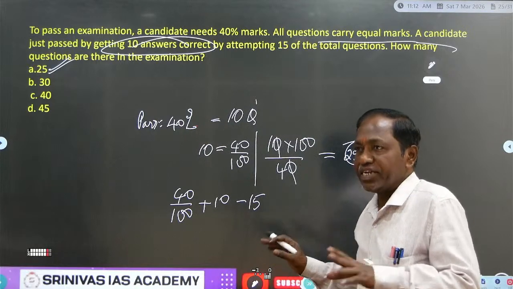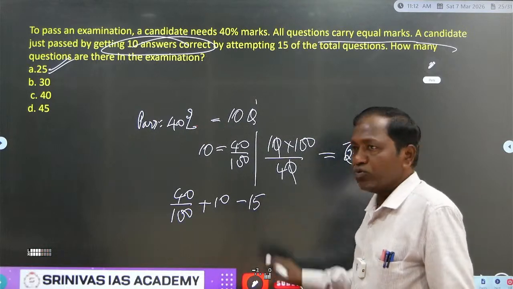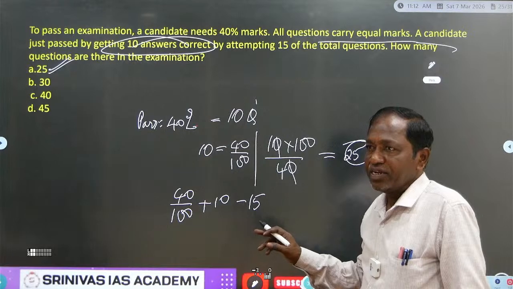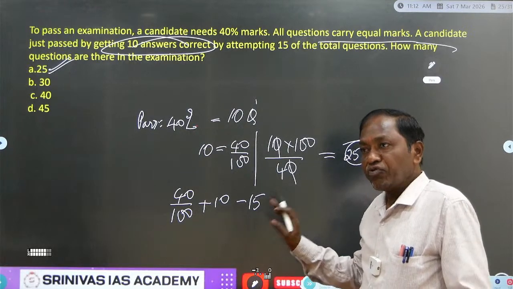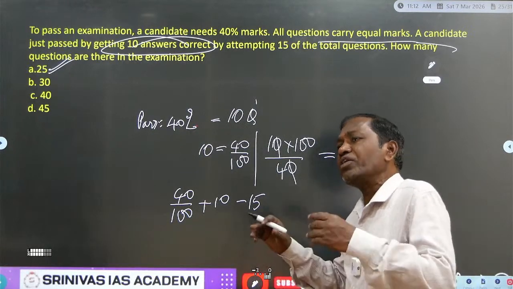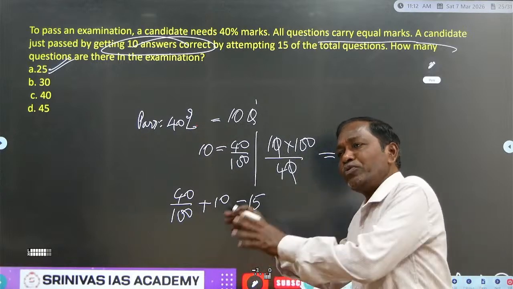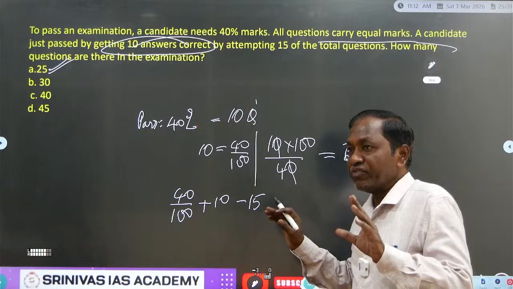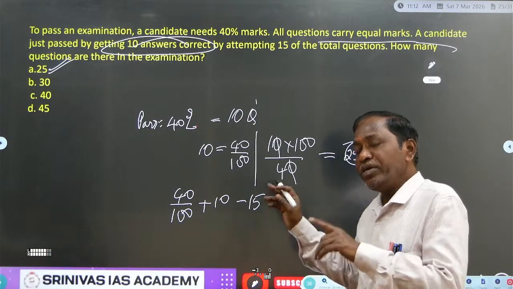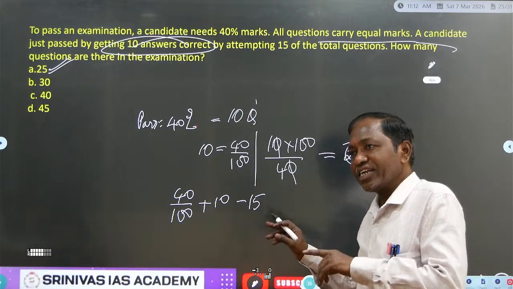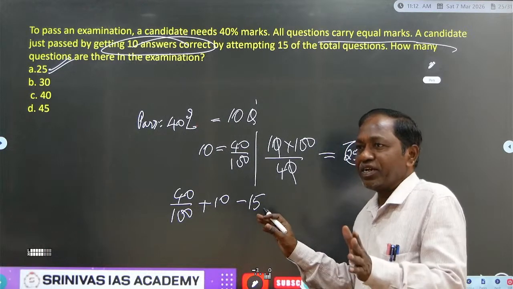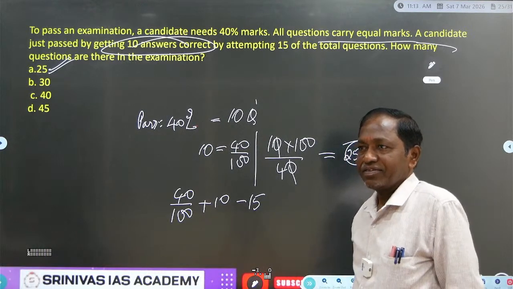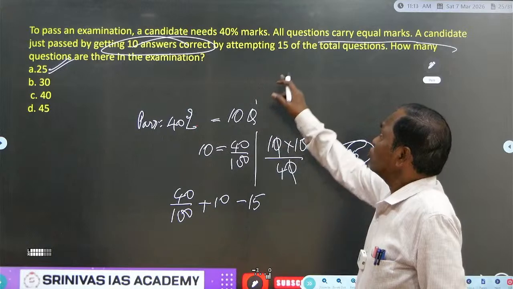For example, if there is a negative marking, you know how many questions are there in the paper? Totally 25. If you attempt all the 25 correctly, you are supposed to get 25 marks. But how many are correct? 10 correct are there. The difference you have to calculate. But here all questions are equal marks.